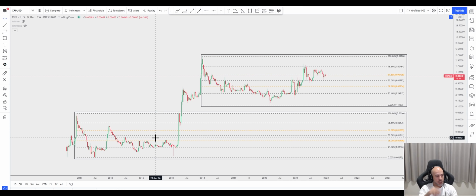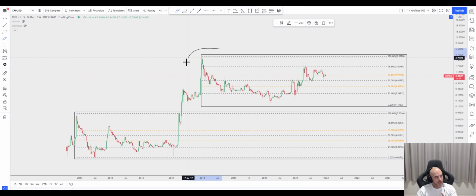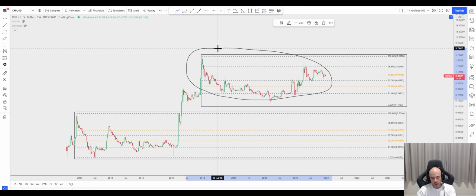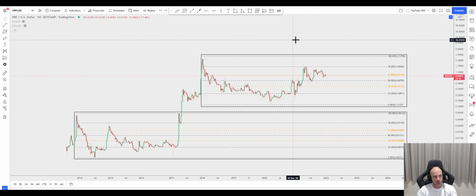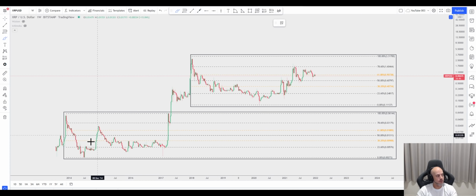No. Did this structure have a bear break? By any chance, this guy right here traded inside the previous structure? No.